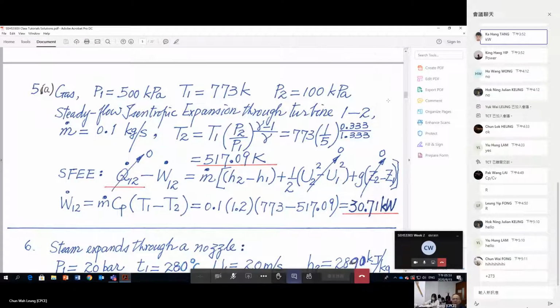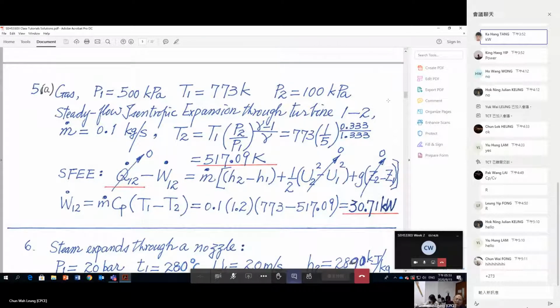Simplify: low heat, potential energy negligible, kinetic energy negligible, so I cross out these three terms. Therefore, the power output is equal to m dot times (h1 minus h2). And I change h1 into CpT1, h2 into CpT2.